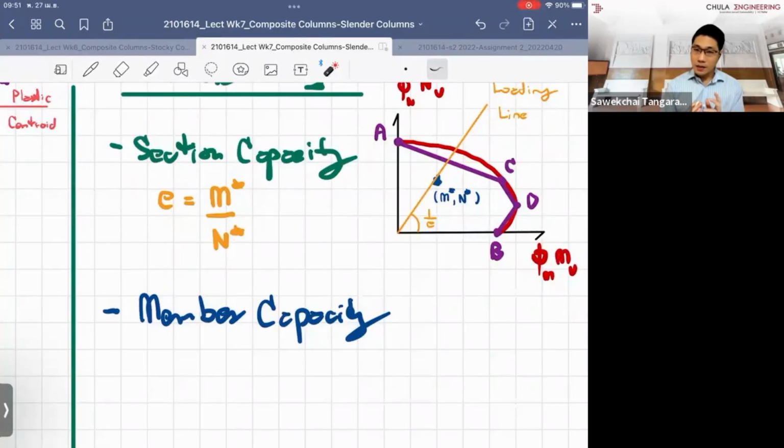In the concrete design, they keep the interaction envelope as it is, but they enlarge the value of the bending moment and the axial force by using the moment magnifier concept. In this concept, basically they transform the geometric imperfection and also the secondary effects according to the buckling shape of the column into the secondary moment and of course the secondary force as well.